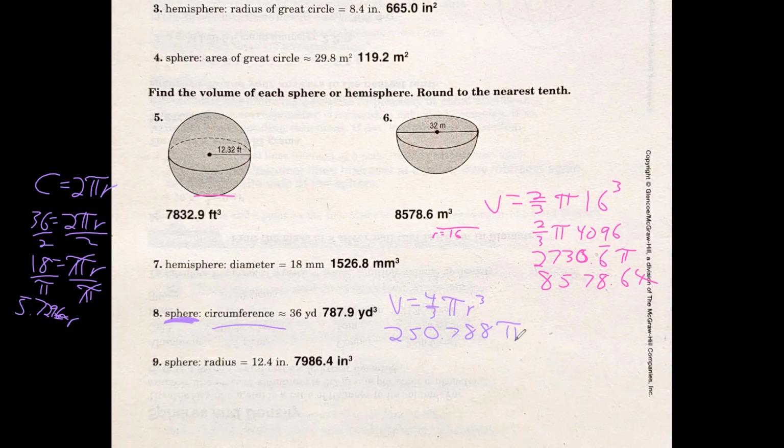Again, keep a couple extra decimals, multiply that by pi, and you have your answer, which is 7.87. All right. Okay, let's move on to today's stuff.